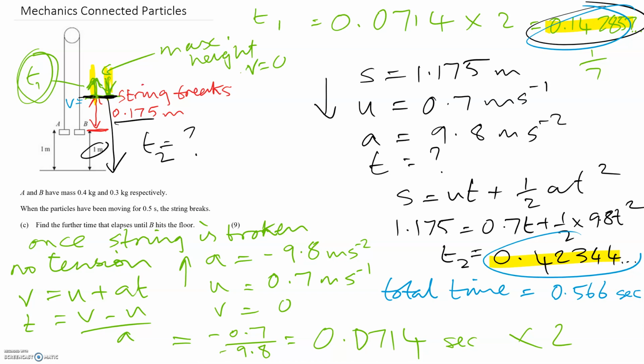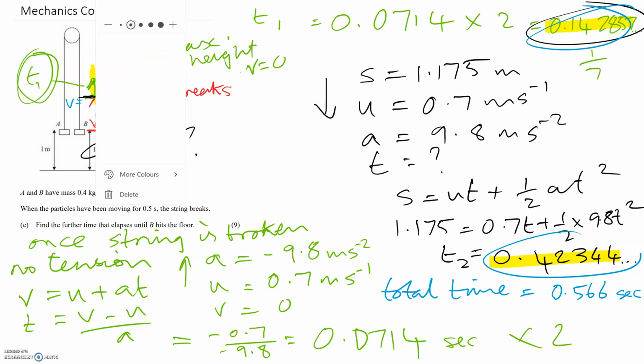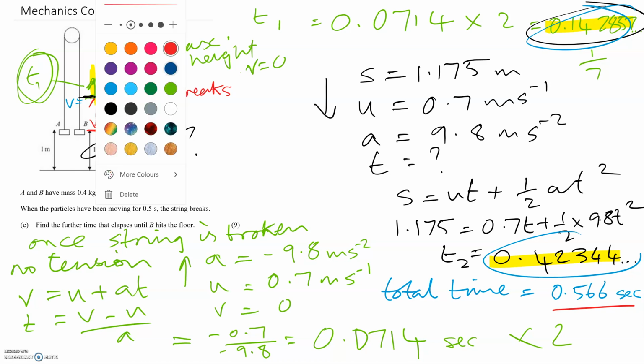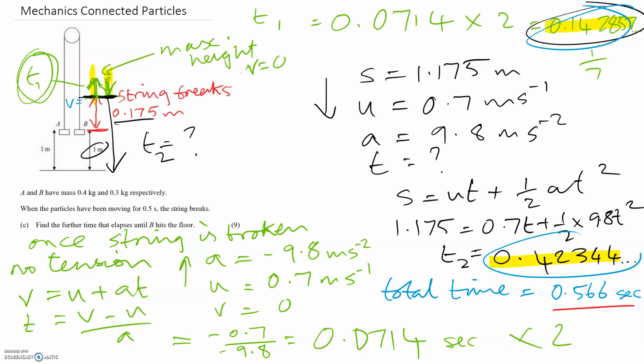Just a quick point, so that's the answer, by the way, and that's the answer in the mark scheme. In the mark scheme they do it slightly different. They take this section here as cancelling each other out, the displacement up and the displacement down, and so they just concentrate on the displacement going down.